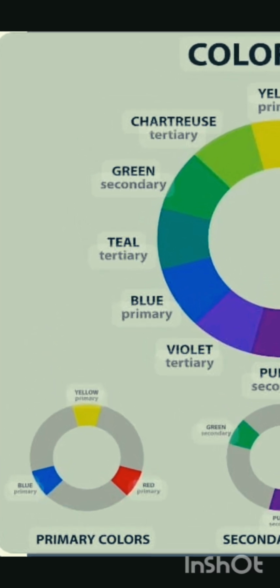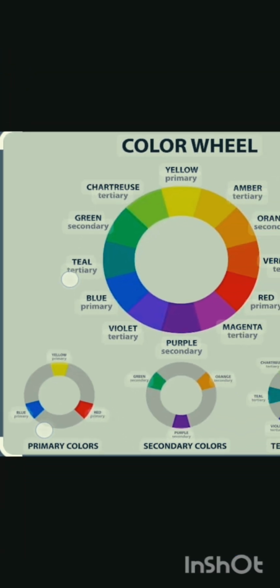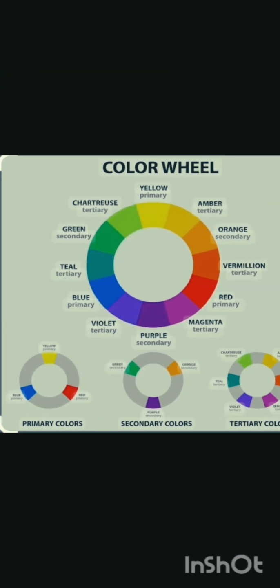We have yellow, we have red, and we have blue. Why is it that we have yellow, blue, and red?